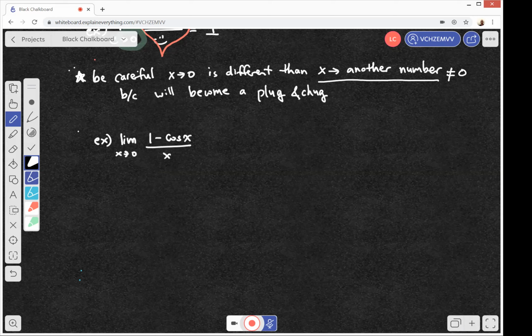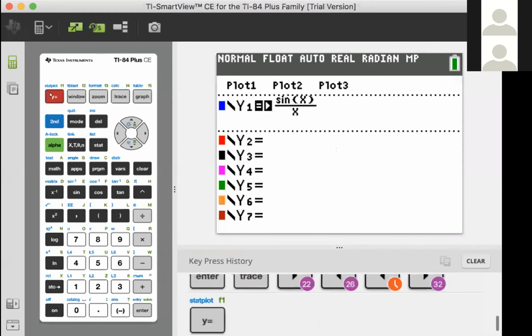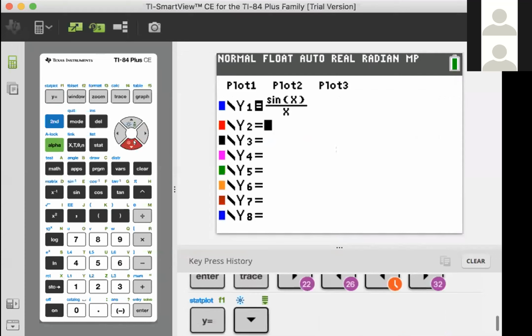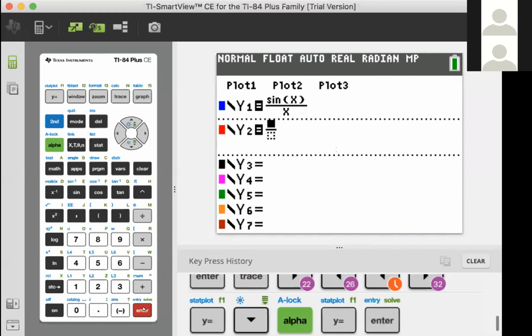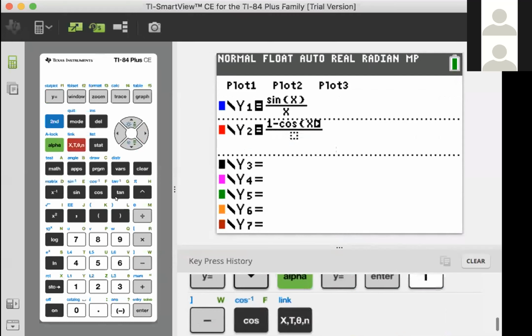So let me share my screen again. Go back to our TI-84. We're going to go back to y equals, go down to a different equation, and we're just going to type that example. Again, the fraction is alpha f1, could press 1 or enter, up to you. Press enter this time. There's our fraction. And we're going to graph 1 minus cosine x, close that parentheses.